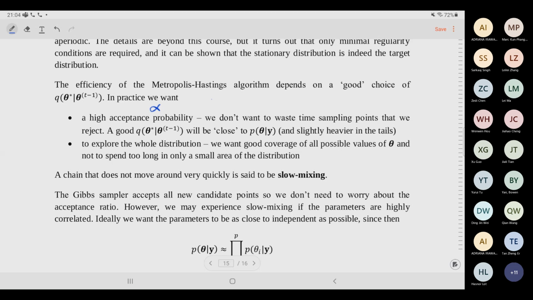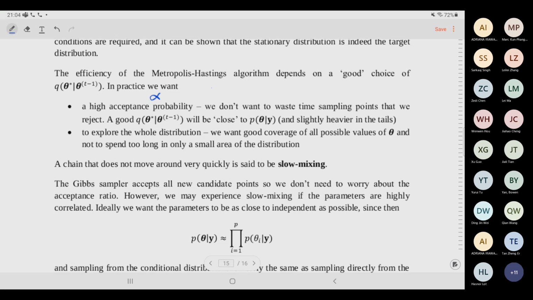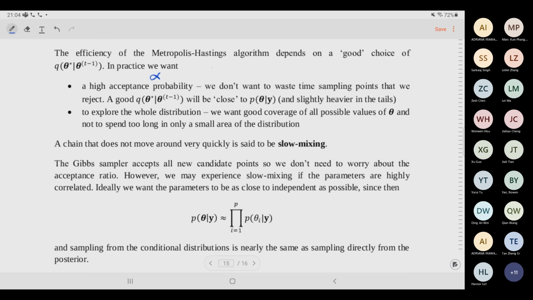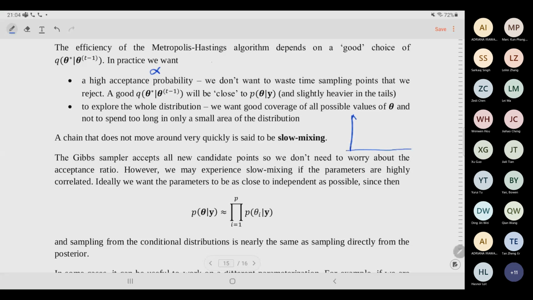This means that the chain does not move around very quickly, and this is called slow mixing. If you remember the picture that I shared with you before, slow mixing means that, for example, in the graph the values are sticking to each other. It's moving, but it's moving very close to each other, like this.